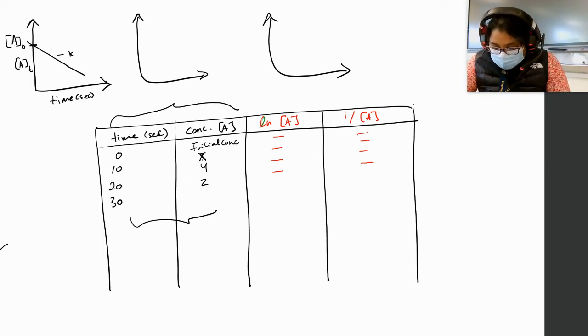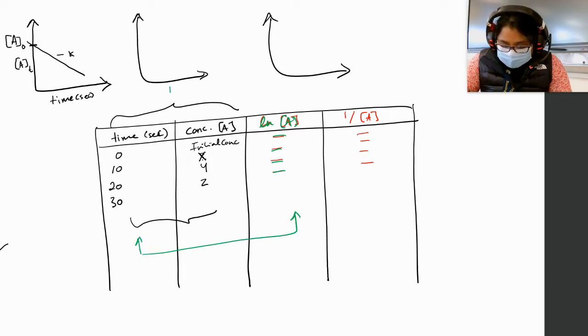So let's say you want to do natural log of A and you have 4 values. You would plot time in seconds on the x-axis, and then your y-axis would be natural log of A at time t.